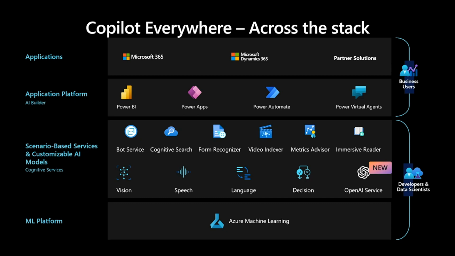You have heard a lot about OpenAI, ChatGPT, and Copilot, right? This is something that I wanted to highlight before we go into our Copilot for inventory visibility conversation. So from the infrastructure and platform to the business application, Microsoft is investing in AI everywhere, including our Dynamics 365 Copilot.